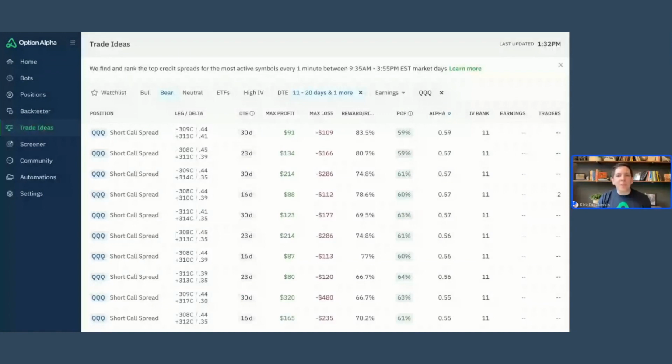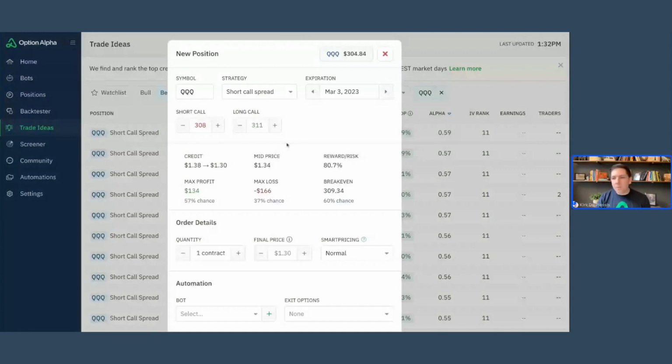When you have something that you want to analyze, all you have to do is simply click on the trade. For me, it would be maybe something like this. So I click on that trade. The first thing that I am going to look at, and the first thing you guys should look at, is the spread on that trade, the bid-ask spread. Sometimes Trade Ideas will surface trades that have wide spreads, and that's okay because we're taking mid-price and we're trying to figure it out.